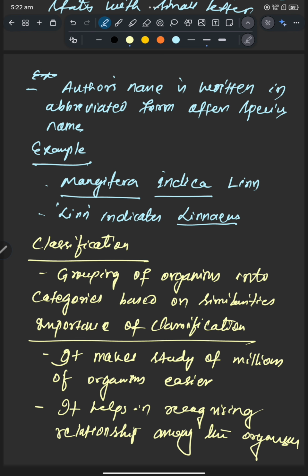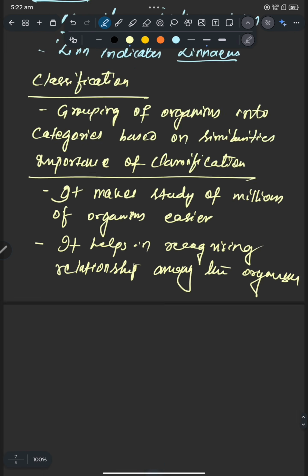Now come to what we call taxa. What is taxa? We are saying dog. Dog is a taxa. Cat is a taxa. Mammal is a taxa.